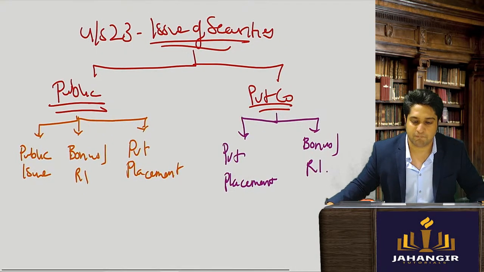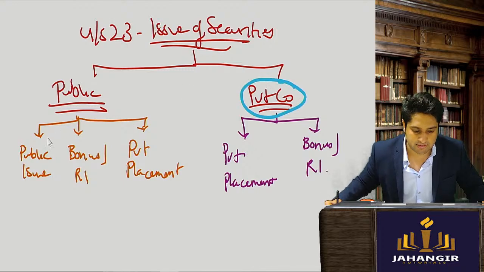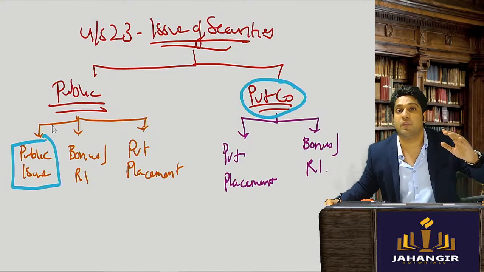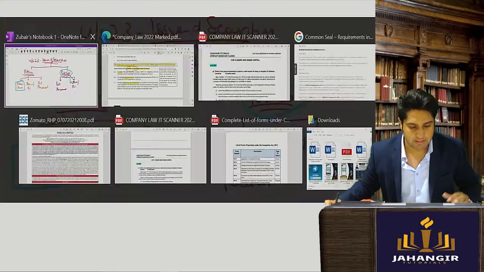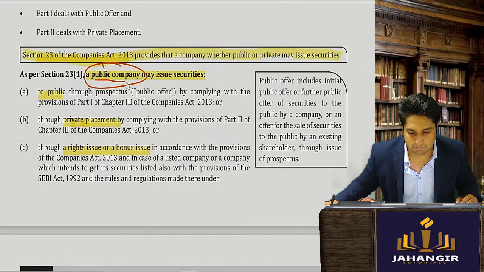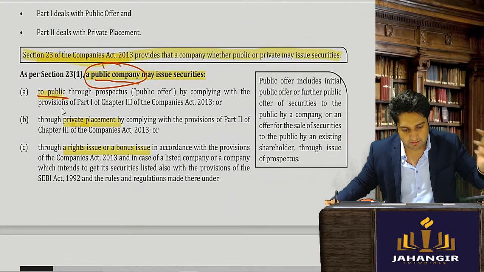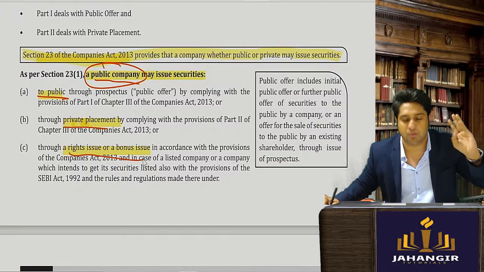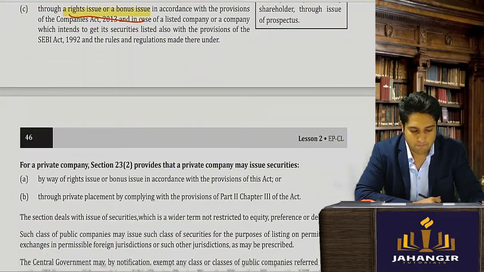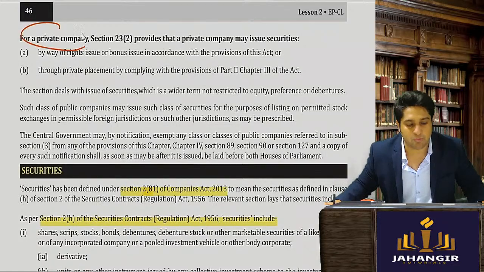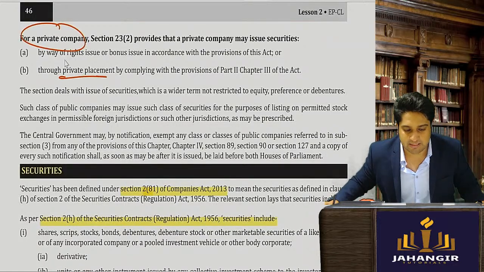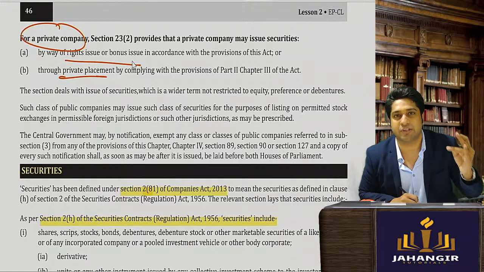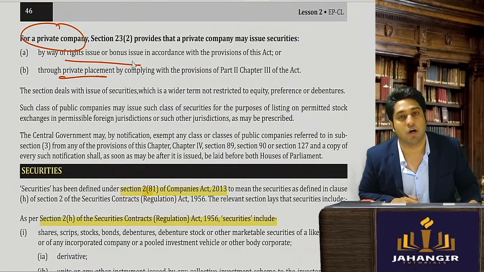The only thing that a private company cannot do is issue shares to the public. Now let's read. A public company may issue securities to the public, through private placement, right issue and bonus shares. Whereas a private company can do only private placement, right issue and bonus shares. For them, the third option of public issue is not there.